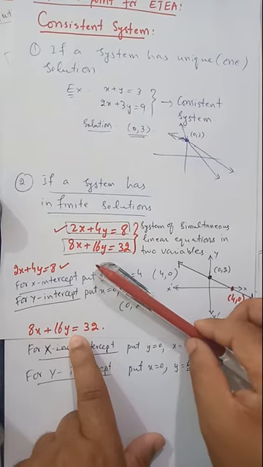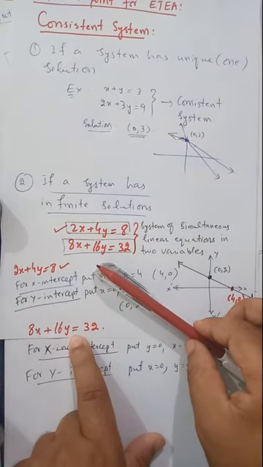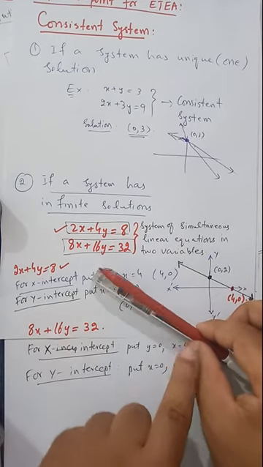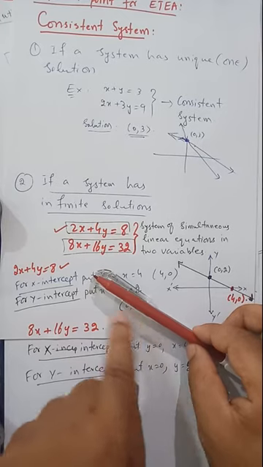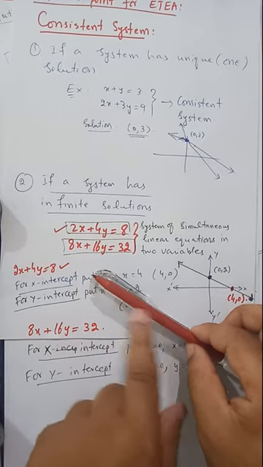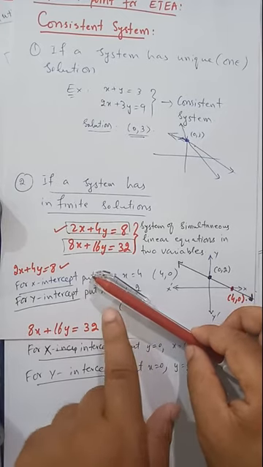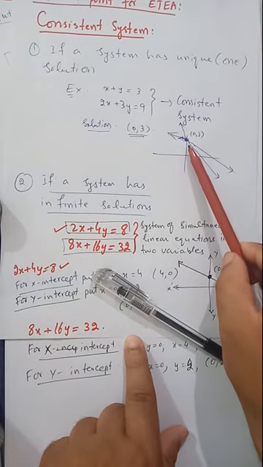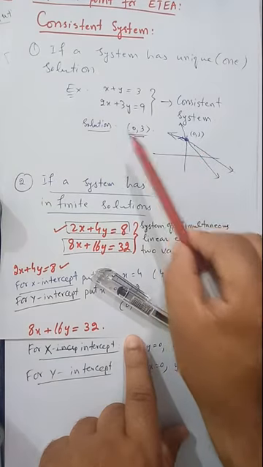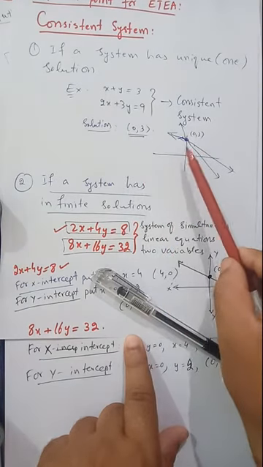Both lines lie on each other, so all the points lie on each other and there are infinite intersections. In the earlier case there is a single point of intersection, so that point lies on both the lines and satisfies both the equations. So that's why this system has a unique solution.